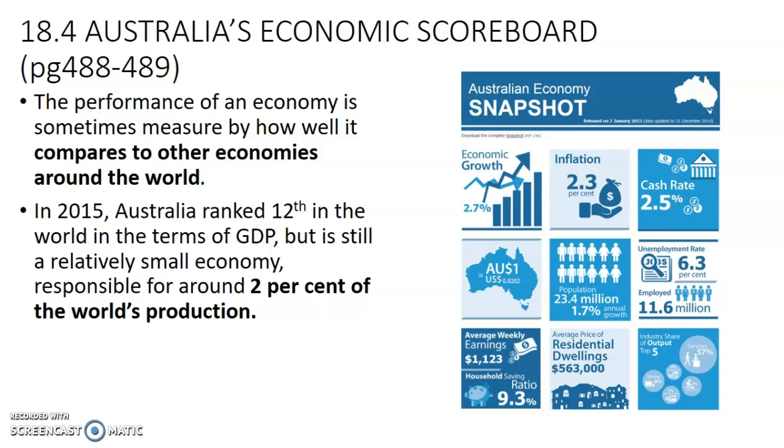We do export many items, but we don't produce a lot of items in Australia, so that's why our economy is small, but it's doing really good. It is responsible for around 2% of the world's production. So out of the whole 100% production, we only produce 2% of that. Which is fairly low, but still, as far as economy is concerned, our economy is doing good at the moment.